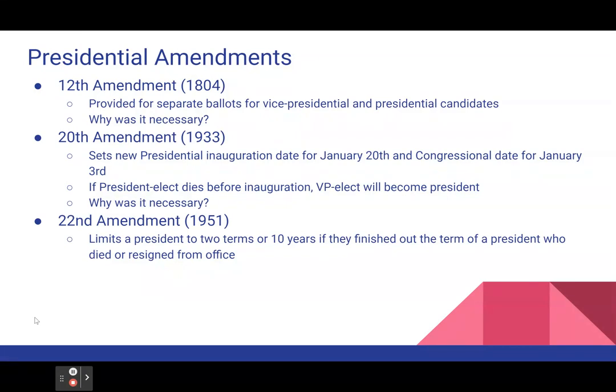So you are limited to 2 terms, 8 years, or if you finished out the term of a president and then you ran for the office and won, and then you won again, you are able to serve for a maximum of 10 years. Okay, so let's talk about why.